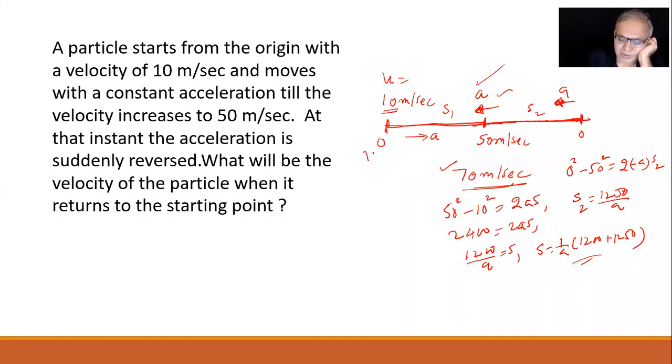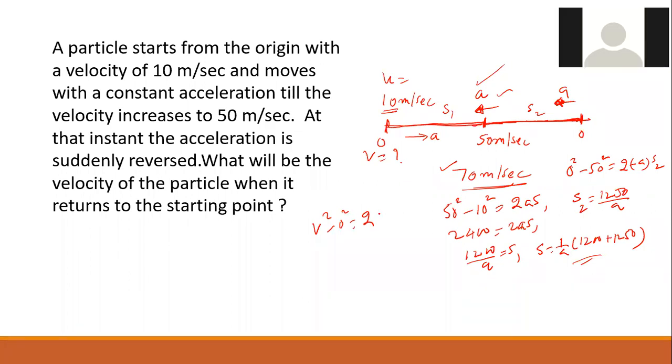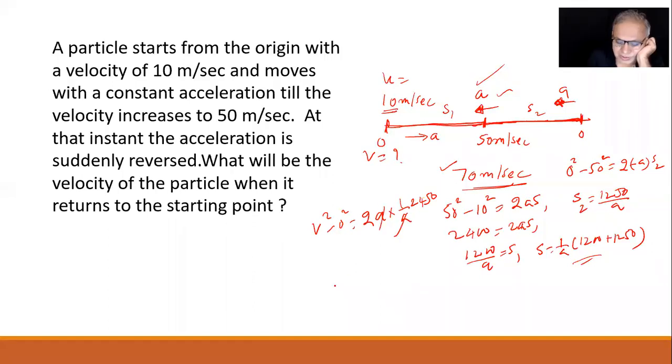So for the unknown velocity V, v square minus 0 square equals what will I get? 2 into the same acceleration a into s, 1 by a into all that. Isn't it? How much is that? 2450. So this a got cancelled.